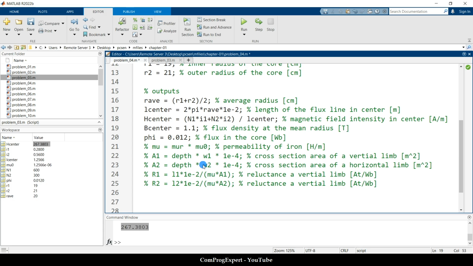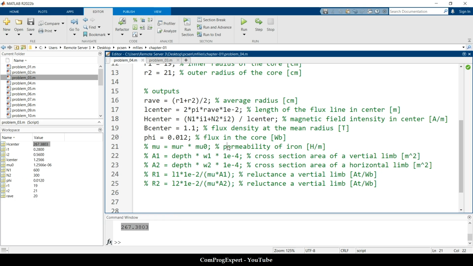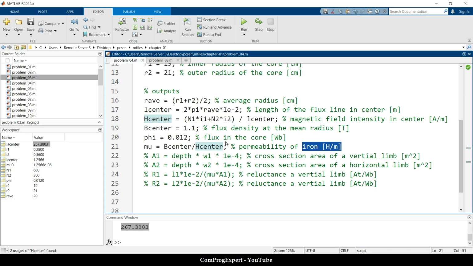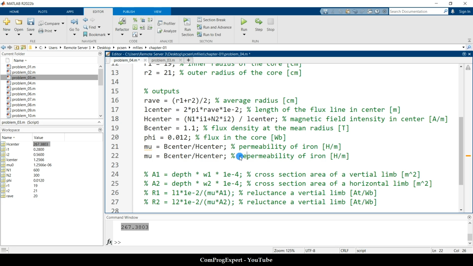The unit is Tesla. So when we know B, we can calculate the permeability of the iron, that is B center divided by H center, right? We know that B is equal to mu H. So yes, you can calculate the permeability. And finally, what is the value of the relative permeability of the iron?